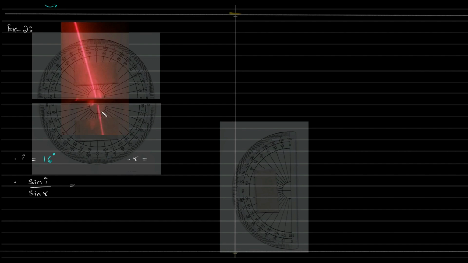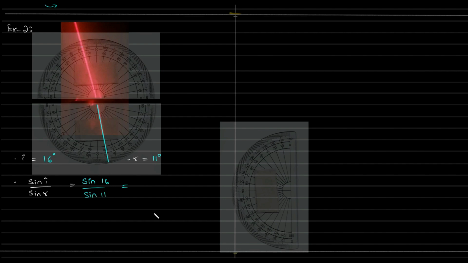Not doing a very good job, but we can clearly see it's 11. Again, a bit of approximation. We are not able to do an exact setup and exact experiment, but this is good enough.